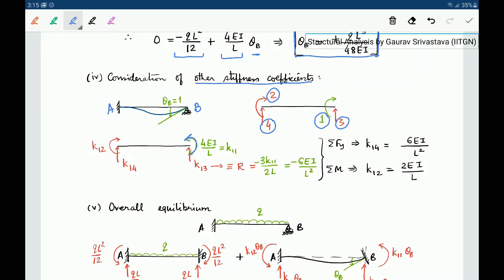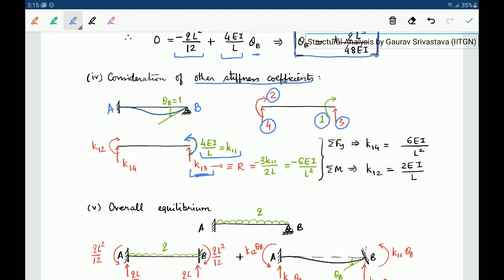And so basically, what we had calculated earlier, K11 was 4 EI by L. And this K13, right? Due to a unit rotation at coordinate 1, what is the force induced at coordinate 3?